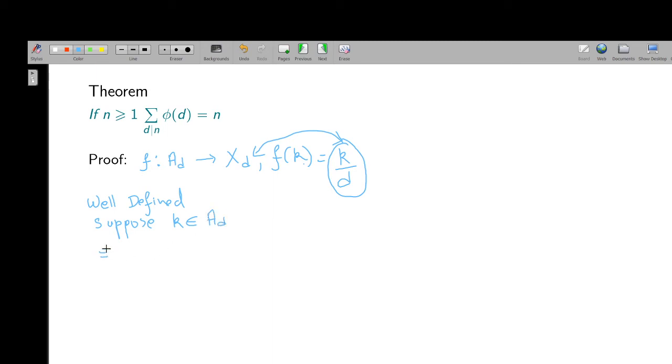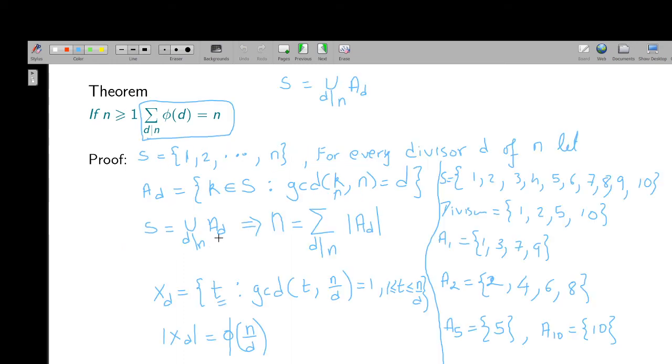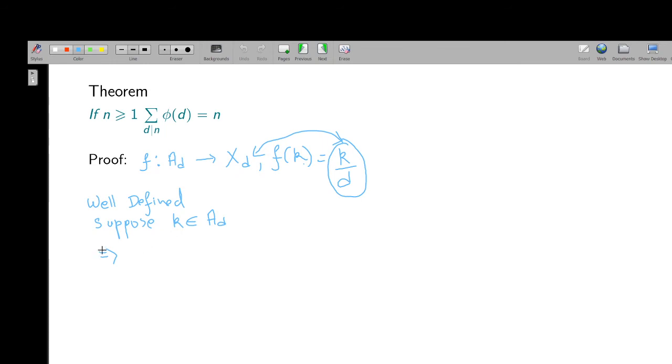What is the meaning of this? By the definition of Ad, what does this mean? It means that the GCD of k and n is d, which means that, this is basic number theory, the GCD of k by d, which makes sense, and n by d.